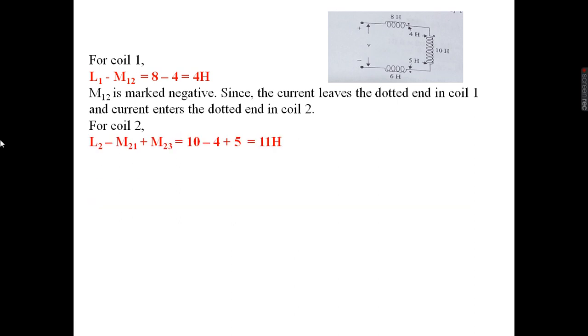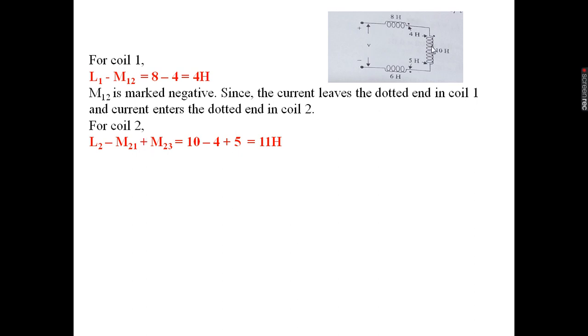Now we can write the equation L2 minus M21, because the mutual inductance between 2 and 1 is negative: the current flowing through coil 1 is leaving the dot, and the current flowing through coil 2 is entering the dot.